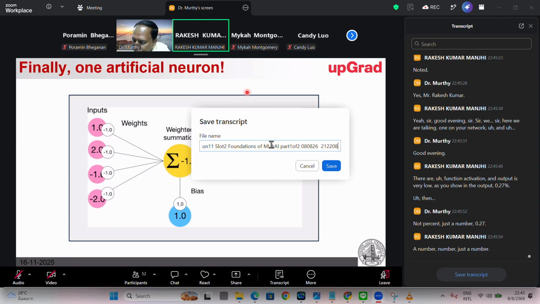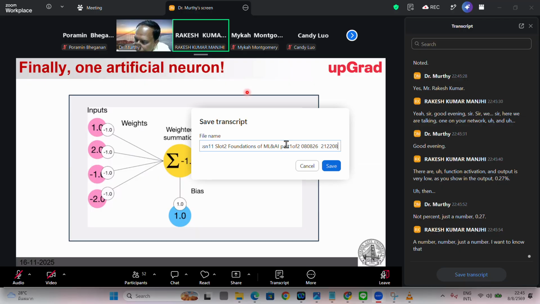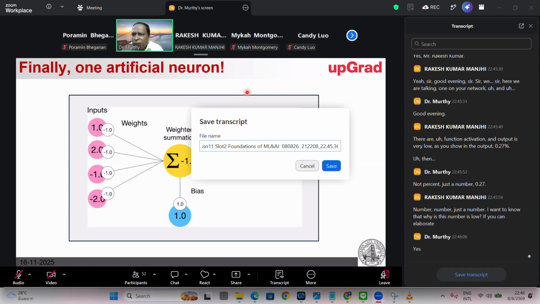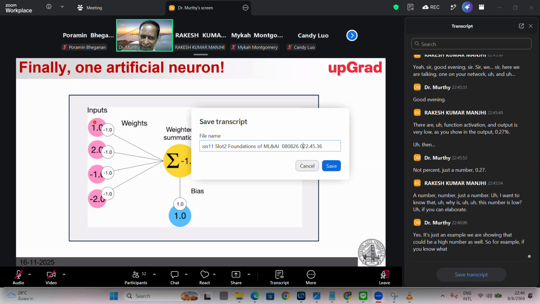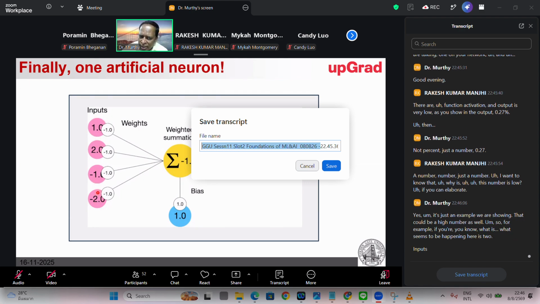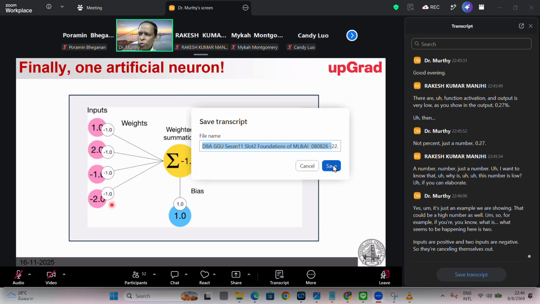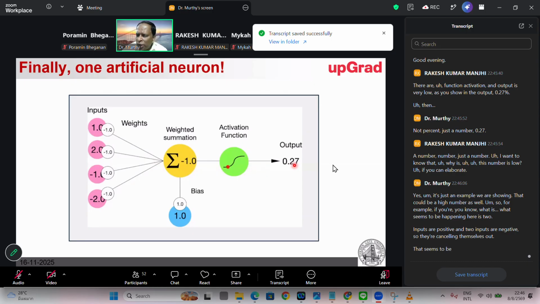I want to know why this number is low? If you can elaborate. It's just an example we are showing. That could be a high number as well. What seems to be happening here is two inputs are positive and two inputs are negative. So they're canceling themselves out. That seems to be the reason for the smaller output here.